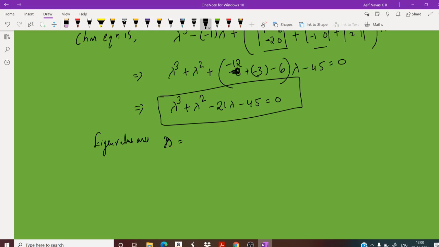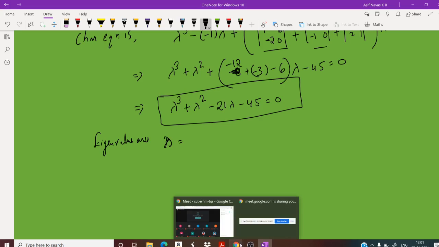You just type your calculator model number, and then type how to find the roots of a polynomial or solve an equation using this calculator. Otherwise, I will give you some video tutorial. Okay. So now you find out what the roots are.